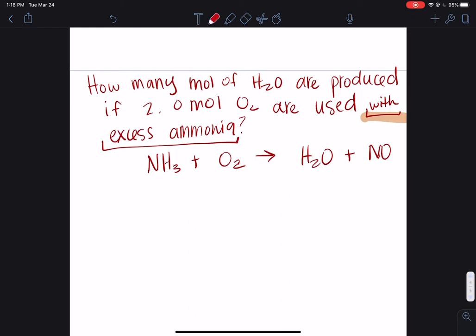So the problem is how many moles of water are produced if you have 2 moles of oxygen. The first thing we have to do is make sure we have a balanced equation. So let me use different colors. It's 4, 5, 6, 4.